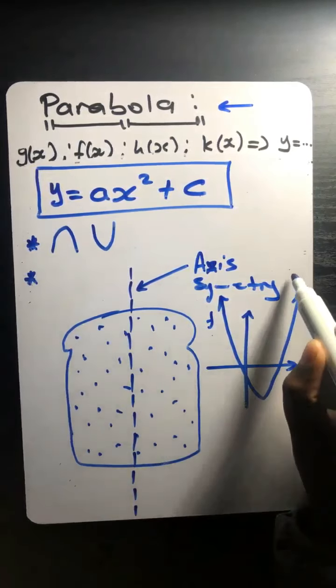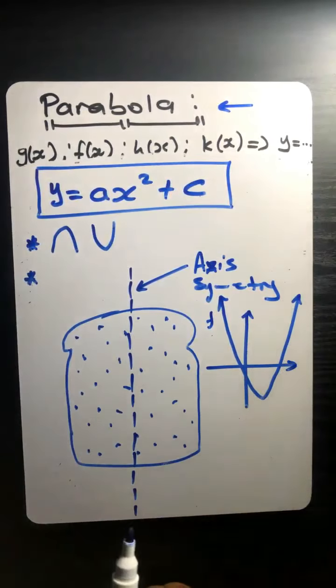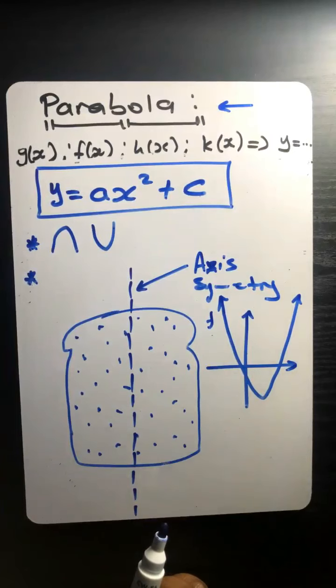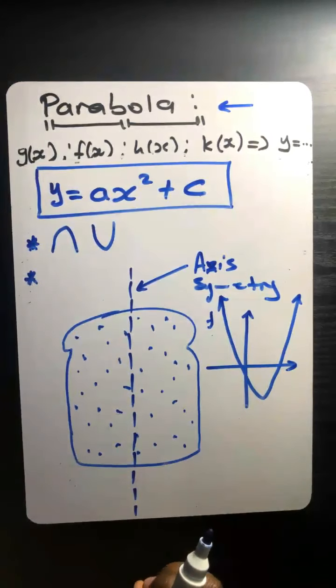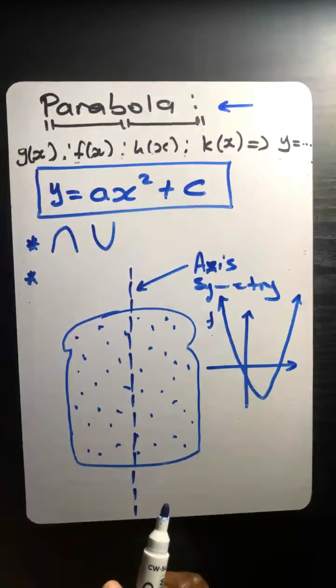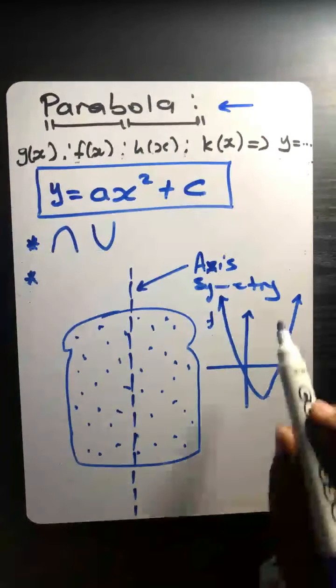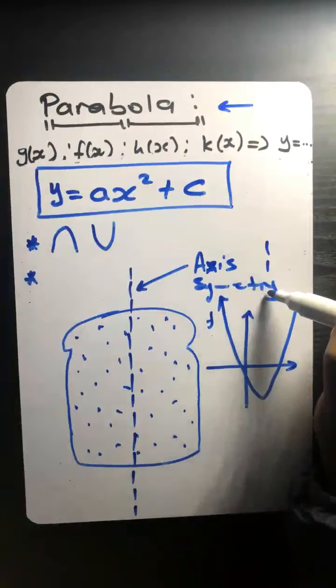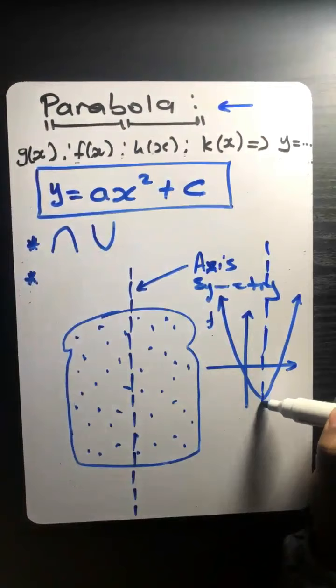You know very well that if you cut it there, you are going to cause a fight, because of unequal halves. Good people, always the axis of symmetry passes through the turning point of a parabola.